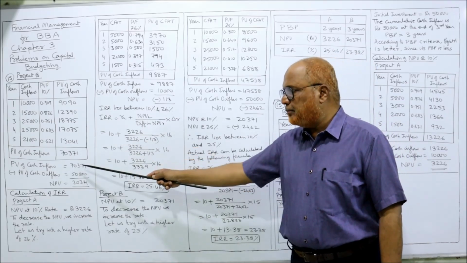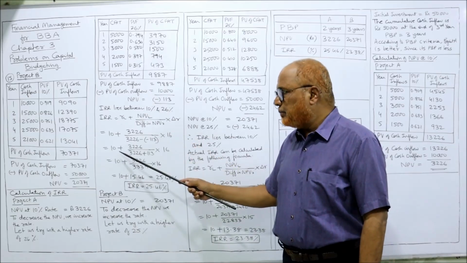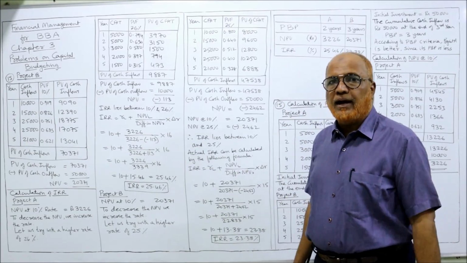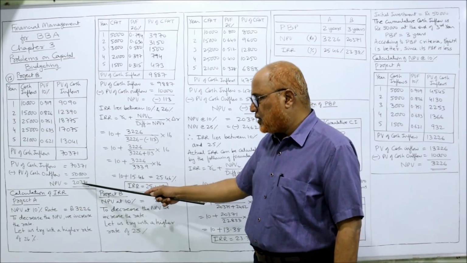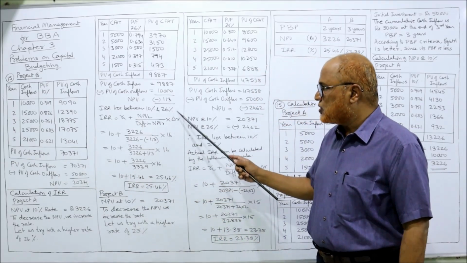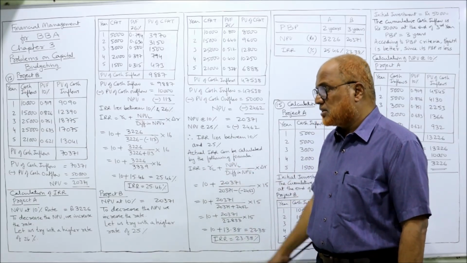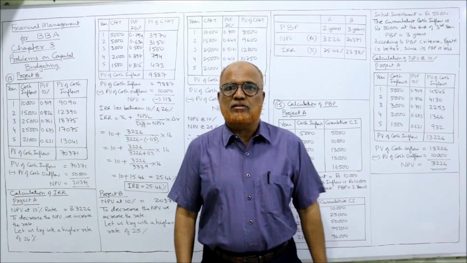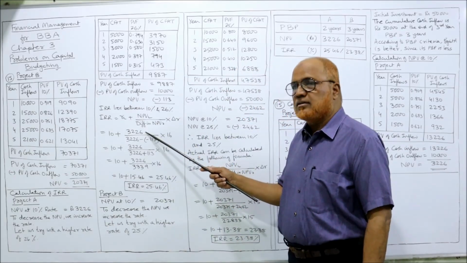Two rates we have, 10% and 26%. So 10% is the lower rate, and NPV at lower rate, at 10%, is 3,226. This is the NPV of A project.